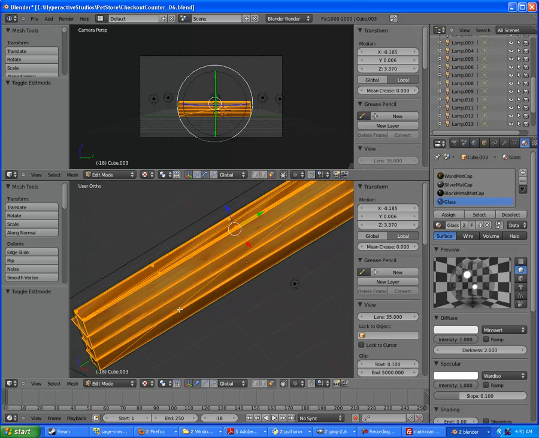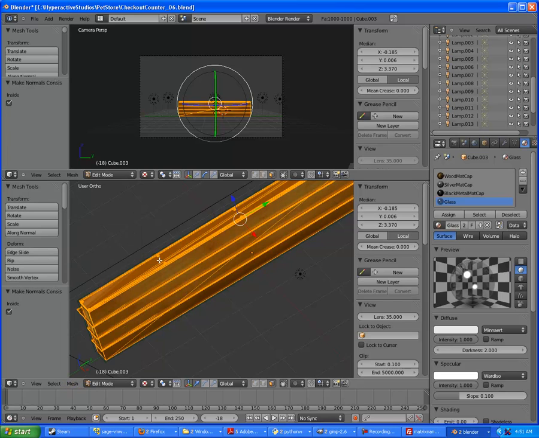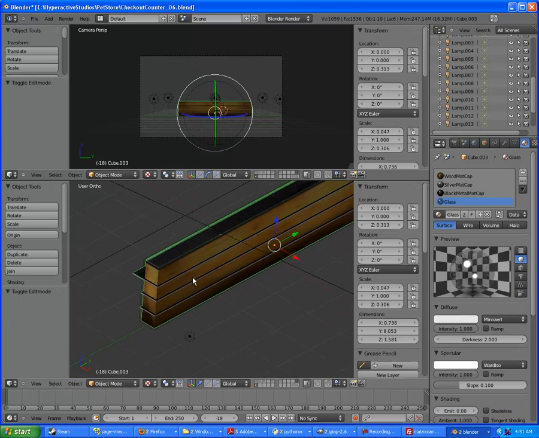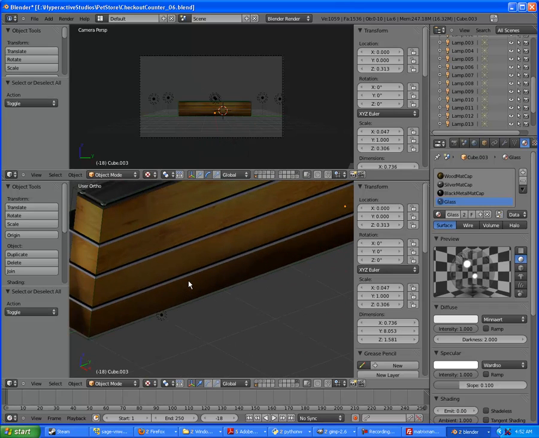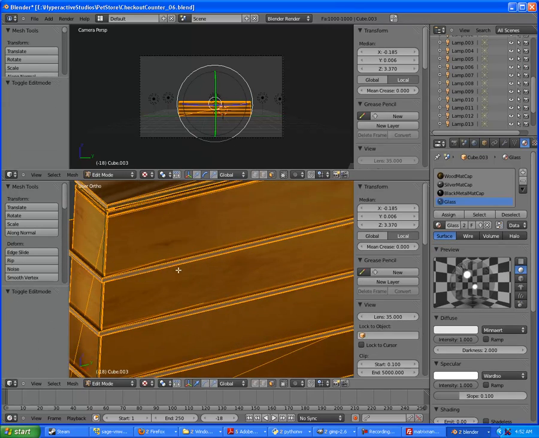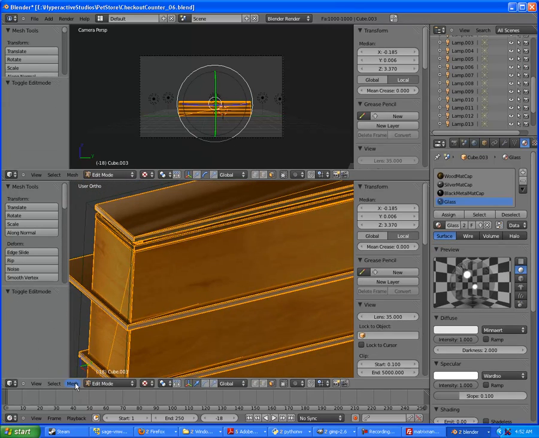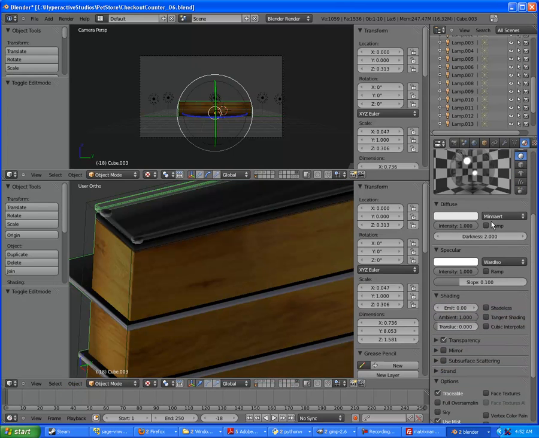So if I take all these polys here, and I come in here to mesh, and I go to normals, and I say recalculate inside, and go out, and yeah, we have double normals. Otherwise, I should be seeing the inside of this model right now, but because I have double normals, it's not doing it. Let's see if there's any way I can make it not show double normals.